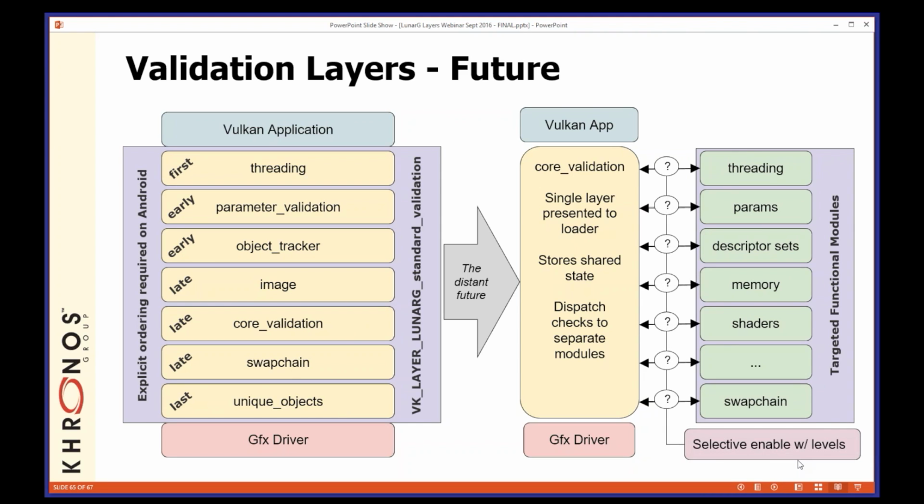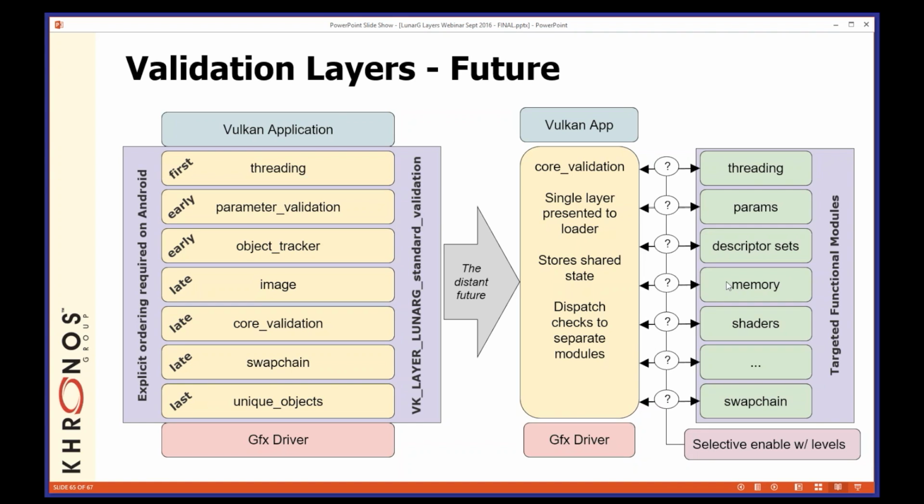In addition to that, we'll be able to select these functional modules and essentially turn them on or off, and possibly also have some knobs you can turn that say how much work each of these functional modules should do. Some of these tests can take order m times n type complexity, comparing thousands of command buffers with thousands of fences or something, so you get into some very complex and time-consuming checks in the worst-case situations.